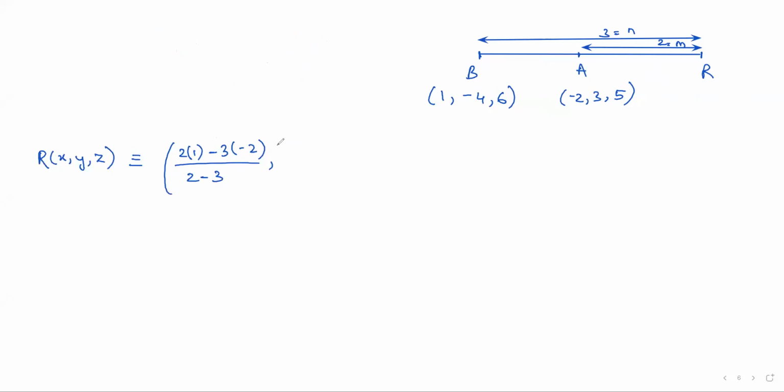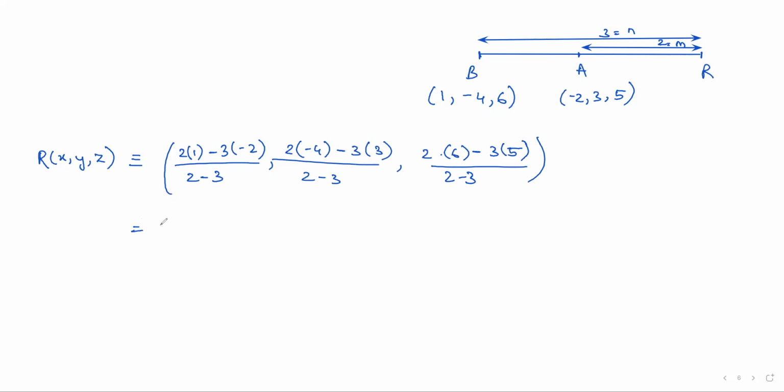Then the y coordinate: 2 into -4 minus 3 into 3 upon 2 minus 3, and 2 into 6 minus 3 into 5 upon 2 minus 3. 2 plus 6 upon 2 minus 3, which is 2 plus 6 is 8 upon 2 minus 3 is -1.